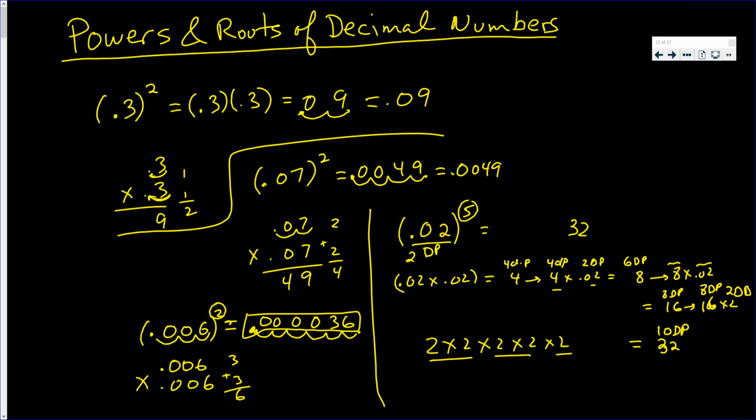So this is a 2 decimal place number, and I multiply it 5 times to get 10 decimal places. So I'm going to have to add 8 zeros. 1, 2, 3, 4, 5, 6, 7, 8. Because 8 plus 2 is 10. So that's the answer.